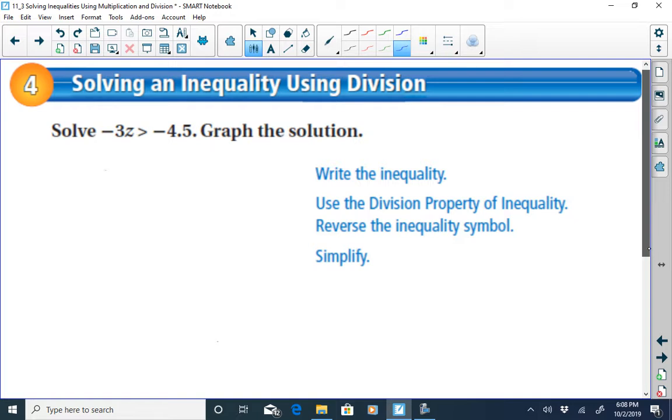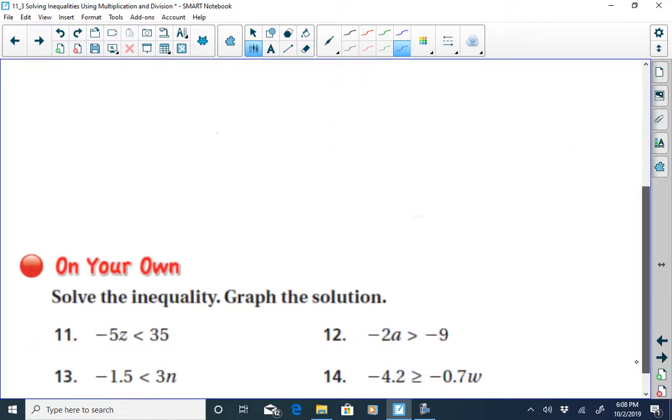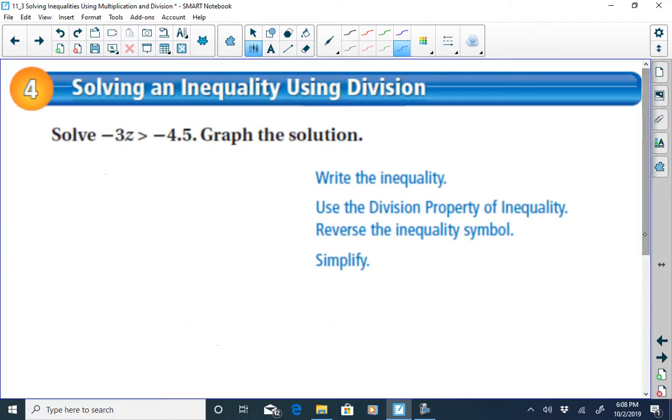All right. So to finish this up, we want to solve the inequalities using division. I see division here, so I'm going to divide both sides by a negative number, negative 3, so we know we're going to have to reverse the inequality symbol. Negative divided by negative is positive, so we're left with z is going to be less than, well, what's 4.5 divided by 3?